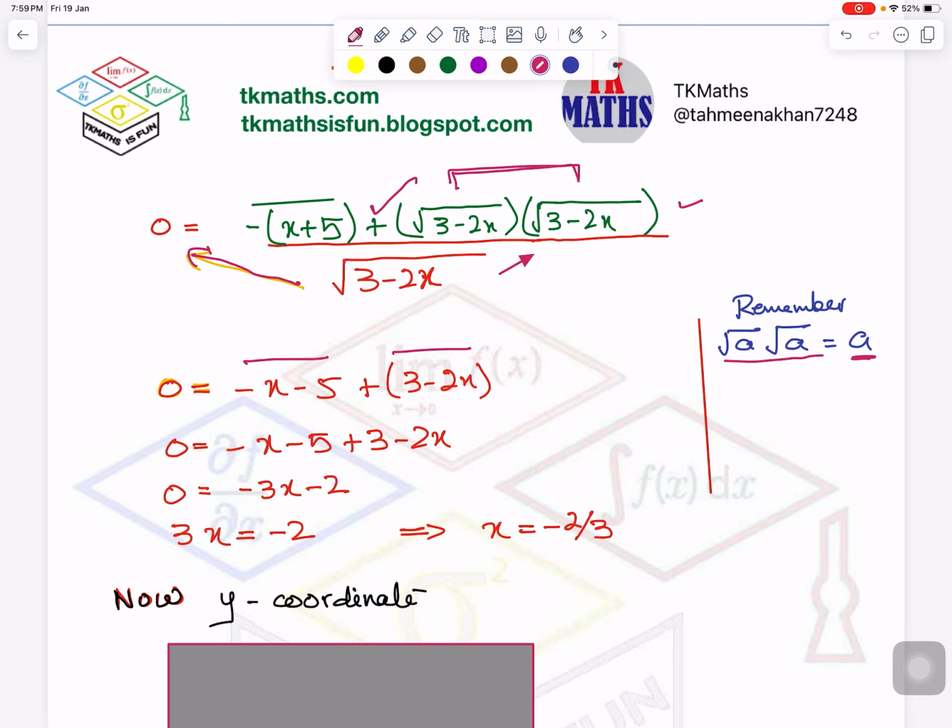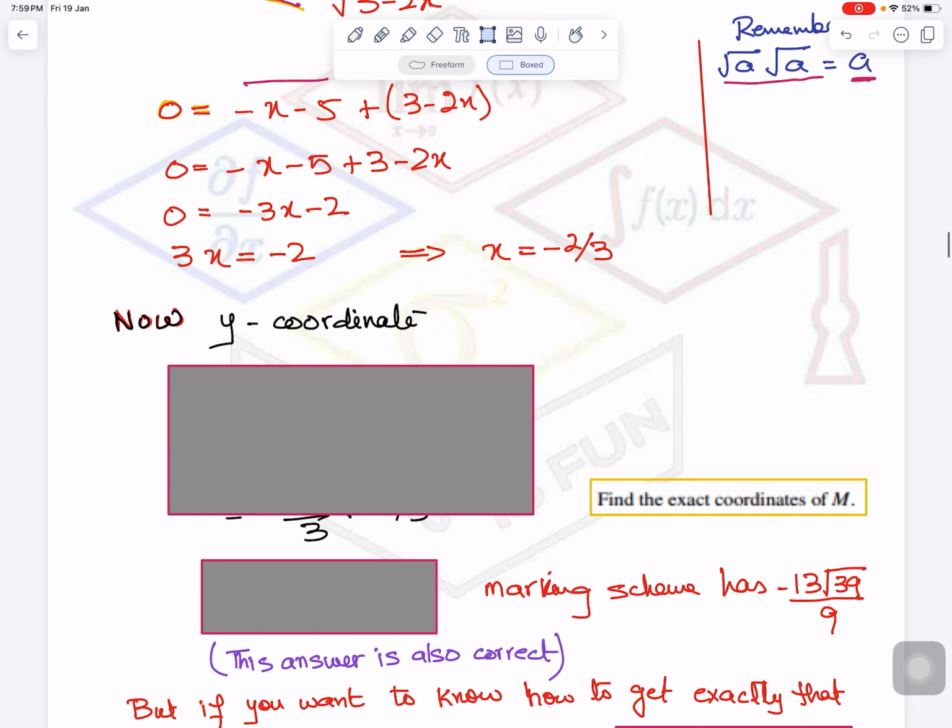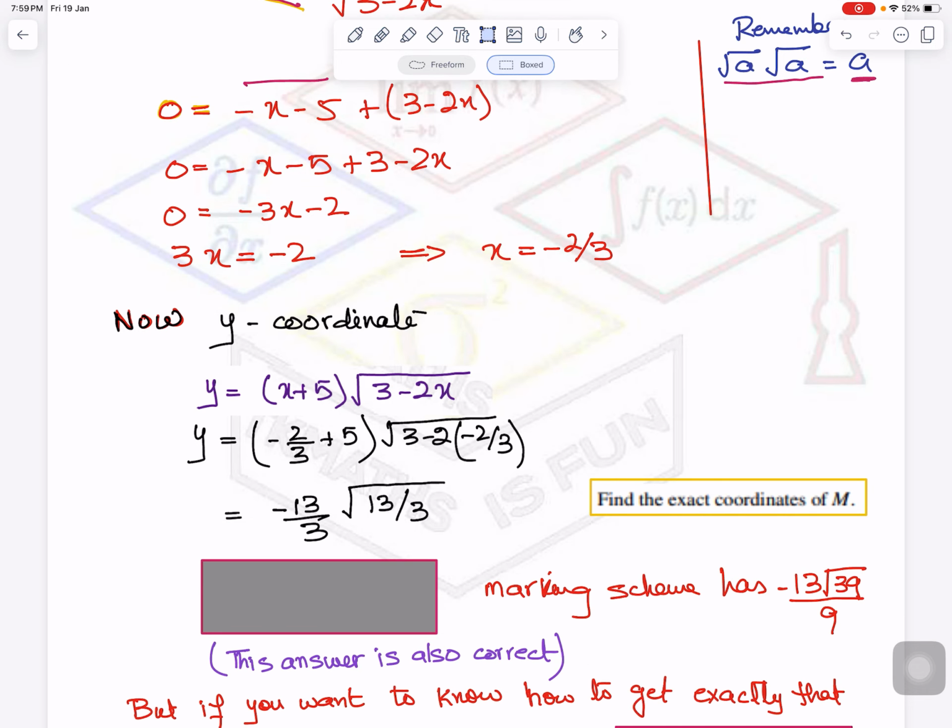Now because the question was saying find the coordinates of the maximum point, I need to know the value of y also. So I will substitute it in the equation. This equation was given to you. In place of x, write minus 2 upon 3.